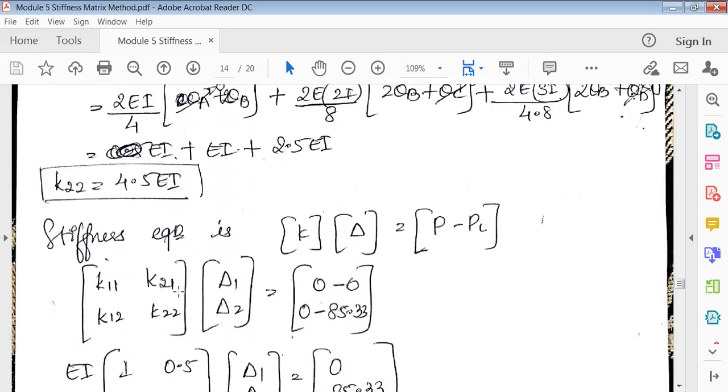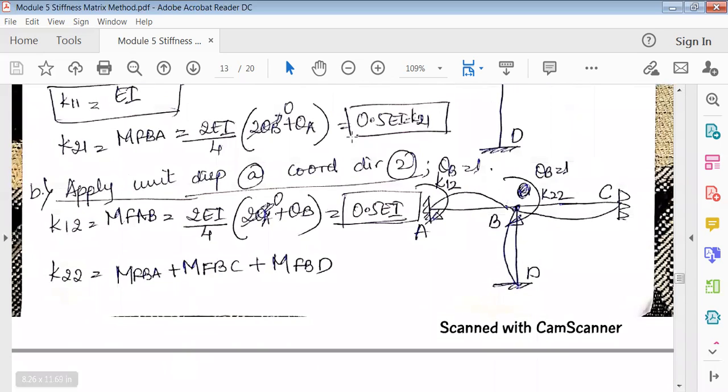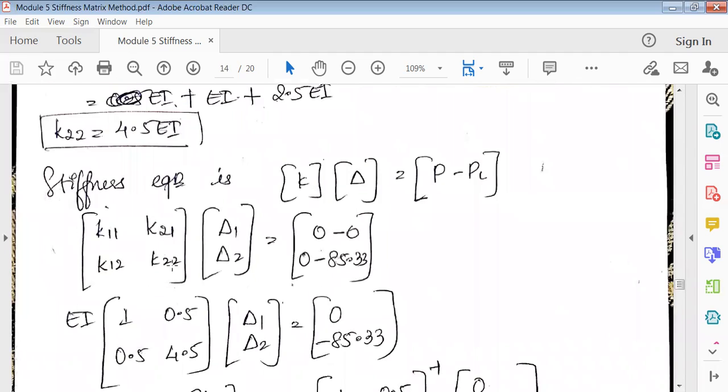K11, k21 would be here actually, because in quite a few textbooks they have written it like this, that is k11 then k21. Okay, and this is k12 and k22, and luckily here k21 and k12 are equal, so there is not a problem. But don't follow this, in few textbooks they have used this. Even I have done this, but here it is easy, but you don't do this.